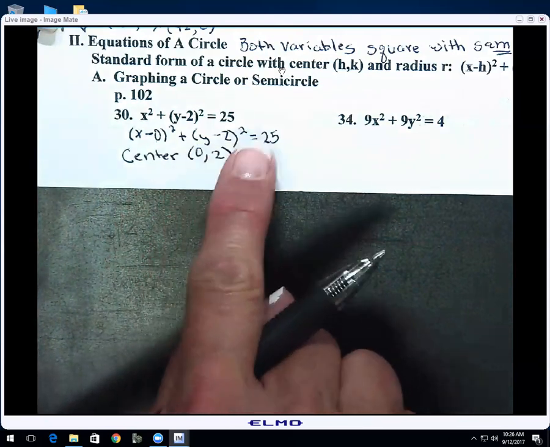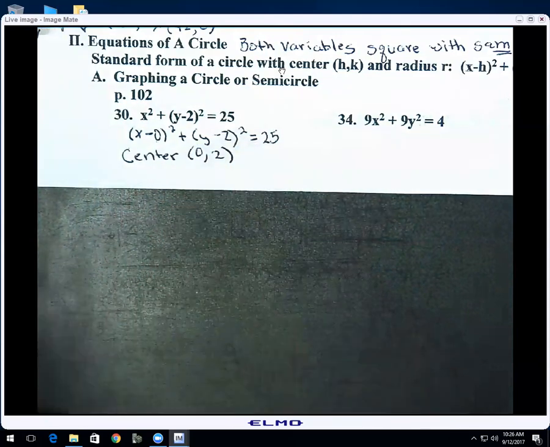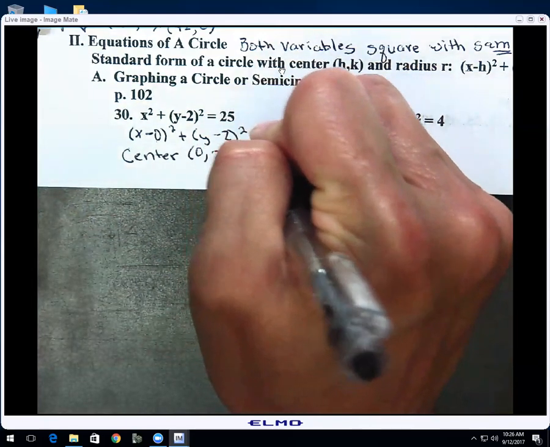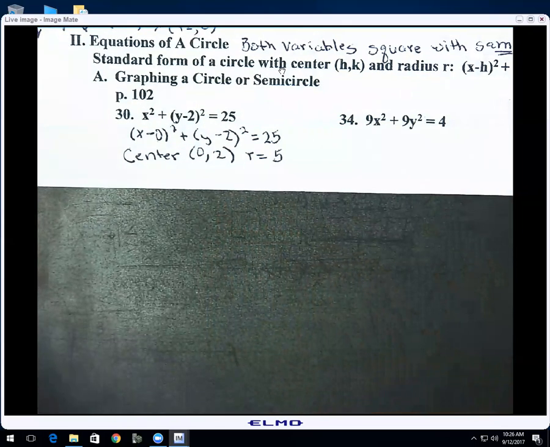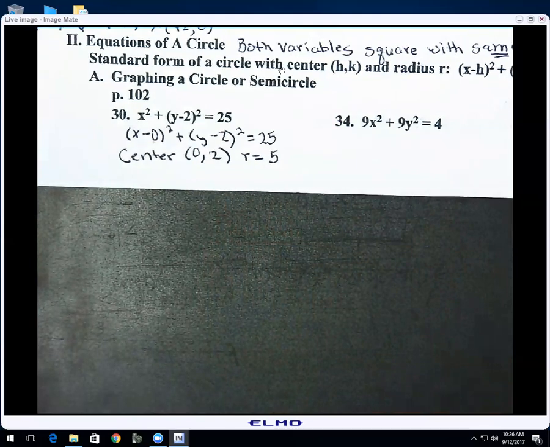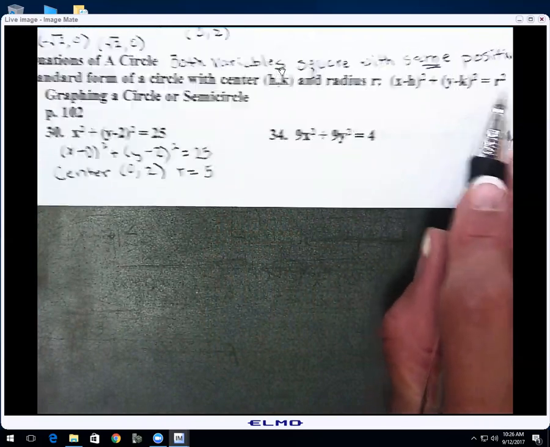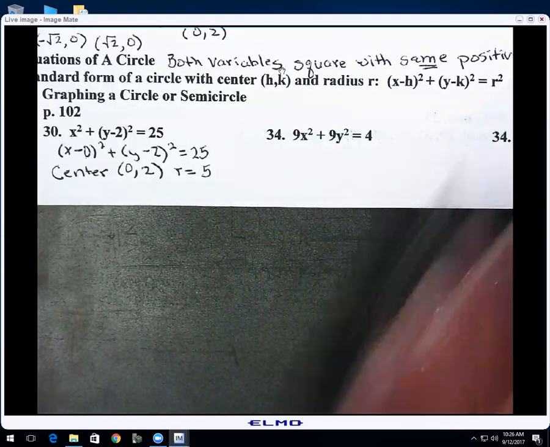This is y minus positive 2. So y plus 2 would be negative. Exactly right. And what's the radius of that circle? Oh, I'm sorry, my hand was faster than my ears there. It was 5. Square root of the right-hand side. Because this equation says that number on the right-hand side isn't the radius, it's the radius squared.